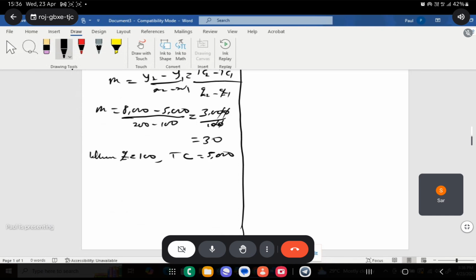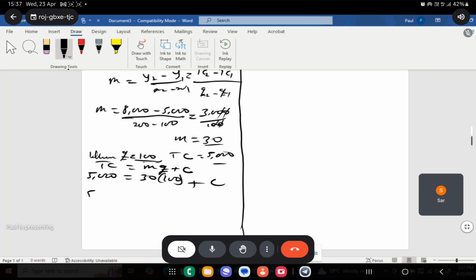So we say 5K, which is our total cost, is equal to our M, which is 30, times the Q. You know TC is equal to MQ plus C. So TC is 5,000, being equal to M, which is 30, times Q. But the Q is 100, so we put the 100 here, plus C, because we want to find C, which is the fixed cost.